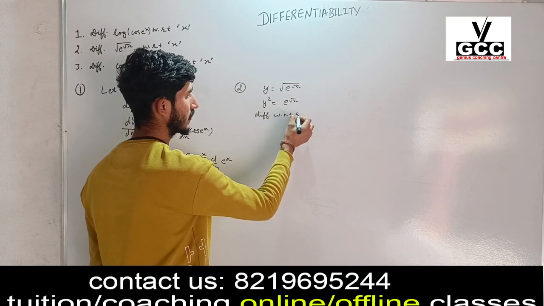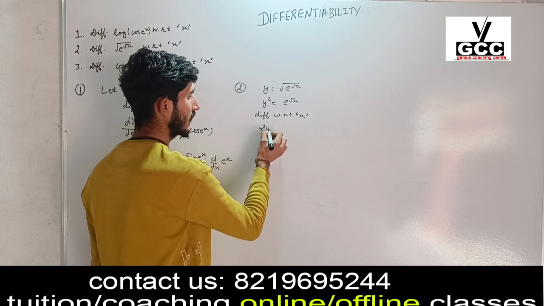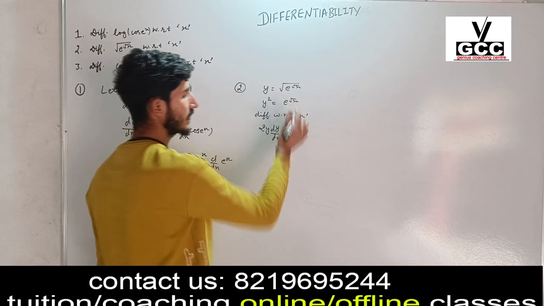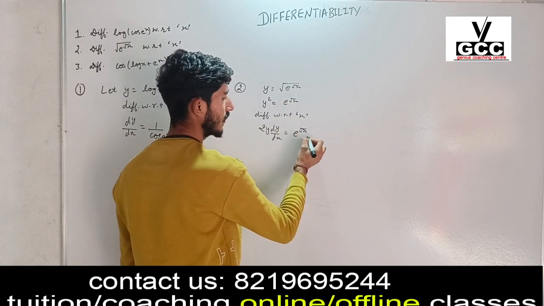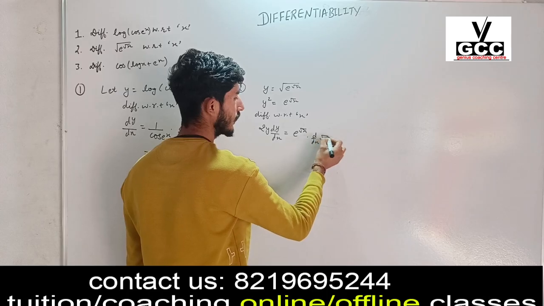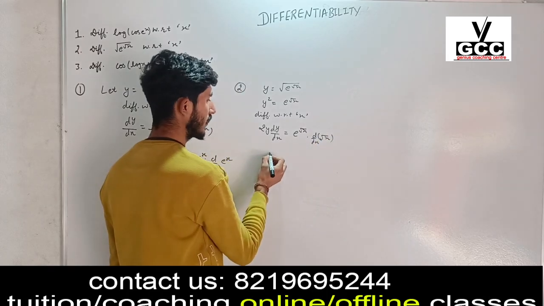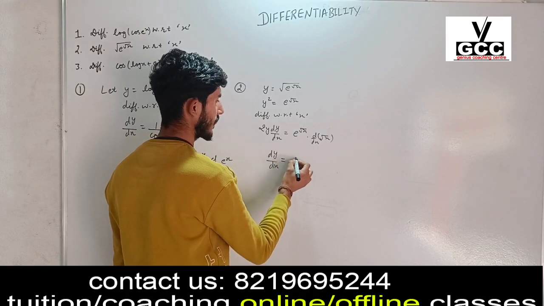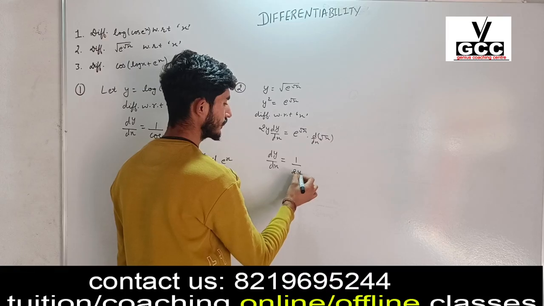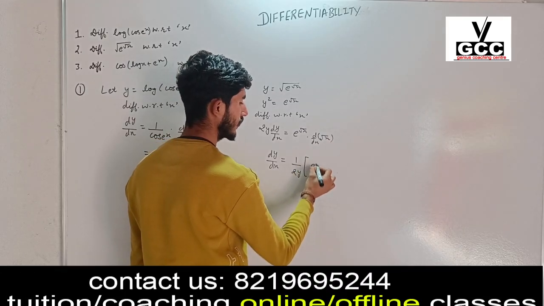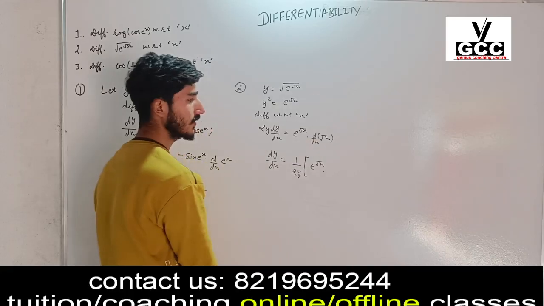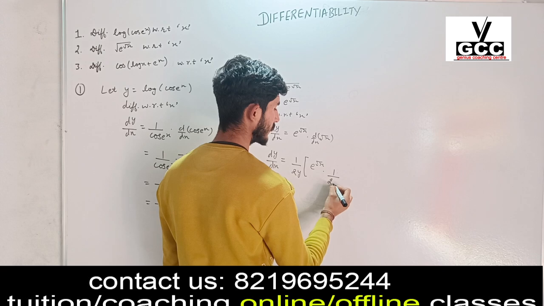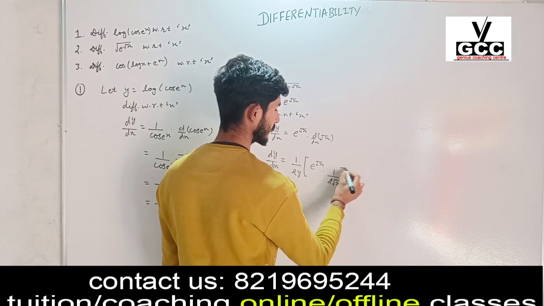Differentiating with respect to x, we get 2y dy/dx is equal to the derivative of e^(root x), which is e^(root x) times the derivative of root x. dy/dx is equal to 1 by 2y into e^(root x). The derivative of root x is equal to 1 by 2 root x.